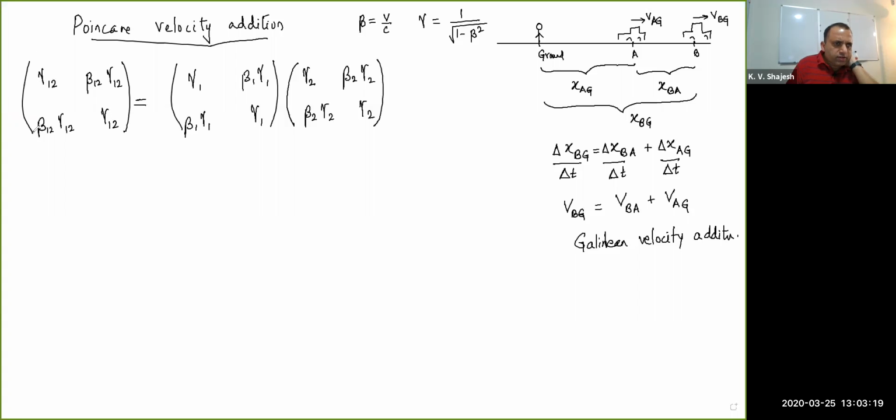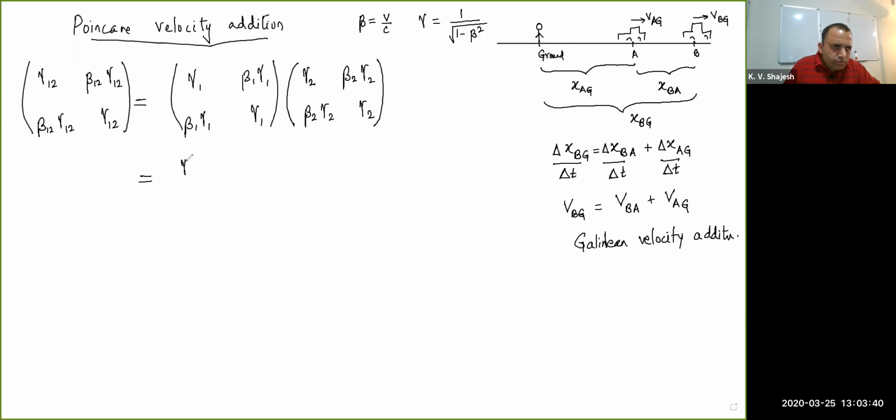And velocity itself will be given by the ratio of the off-diagonal term to the diagonal term. So we can immediately get this by multiplying these two matrices.